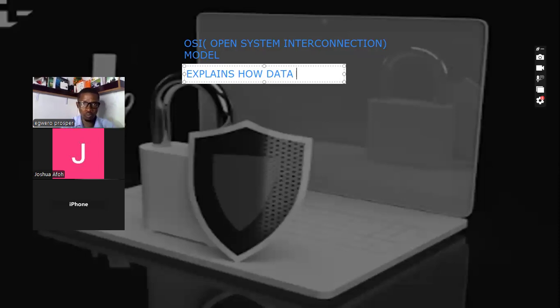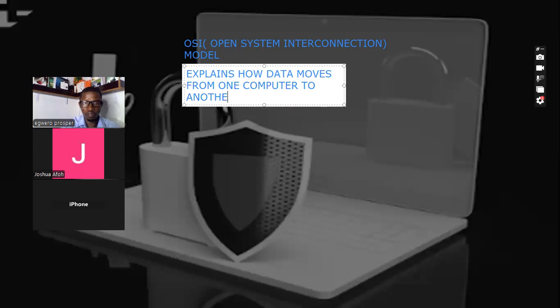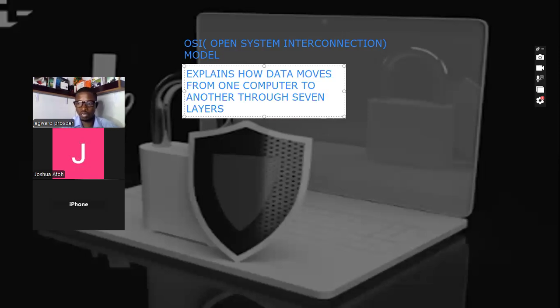That is what this topic OSI wants to expose us to. It explains how data moves from one computer to another through 7 layers.